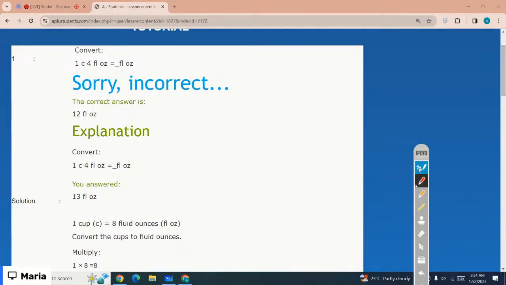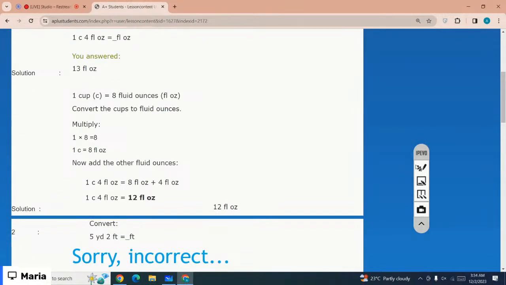So 1 cup equals 8 fluid ounces, right? You have 4 fluid ounces here also. So 8 plus 4 is 12. The correct option is 12 fluid ounces, right? Let's just start with the test questions.